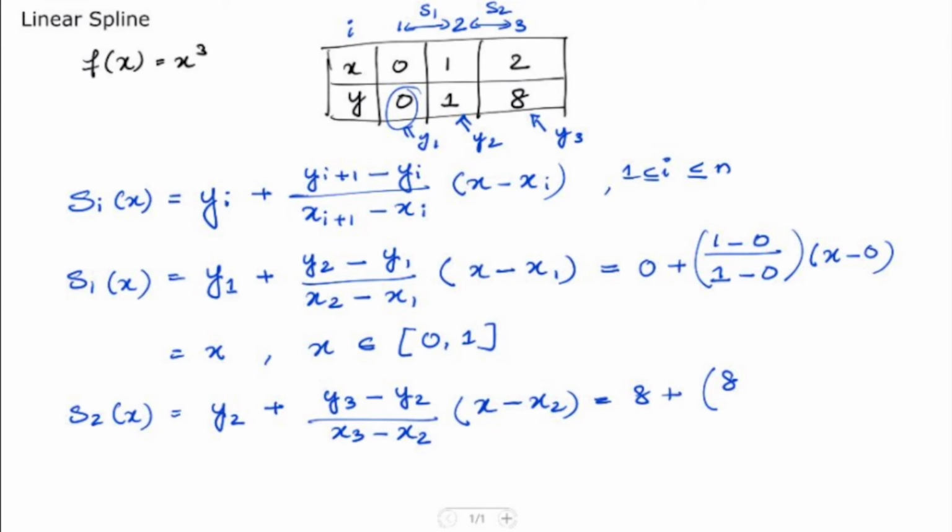Yeah, that's all right. So coming back to the second spline, here you have y2, which is 1. And then you have y3 minus y2 divided by x3, that's 2, minus x2, that's 1, times x minus x2, which is 1.